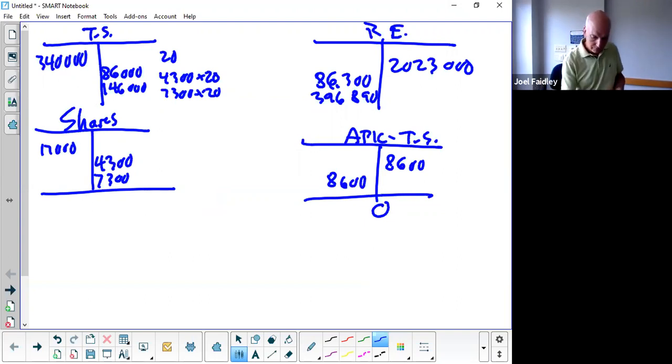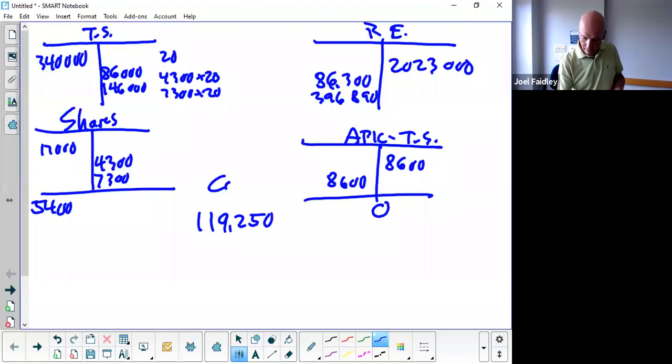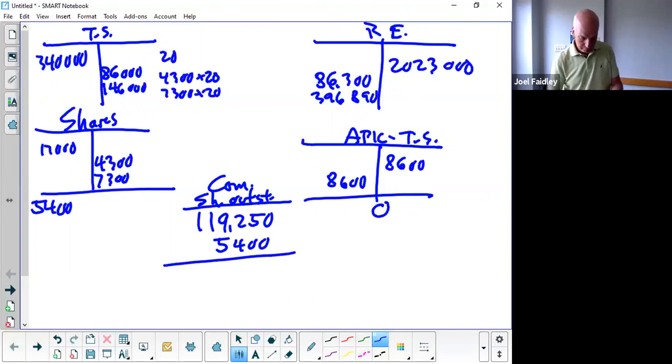So I've got 5,400 treasury shares, don't I? And based on what was given, I had 119,250 common shares outstanding. So 5,400 from that is 113,850. Treasury stock, you do not pay dividends.